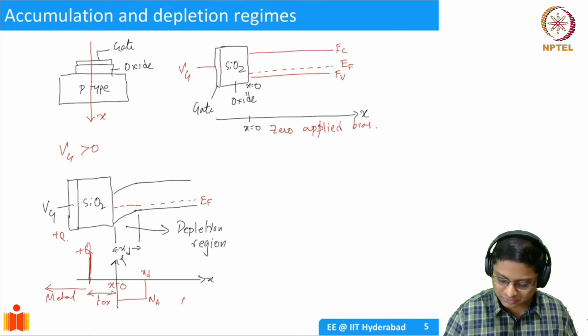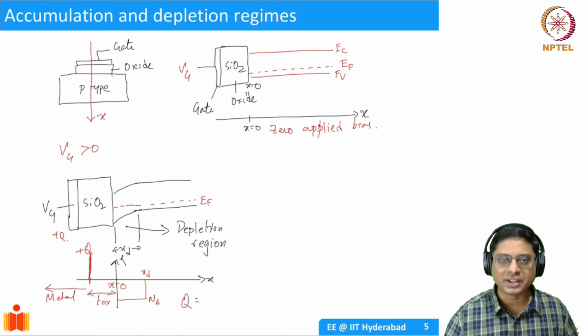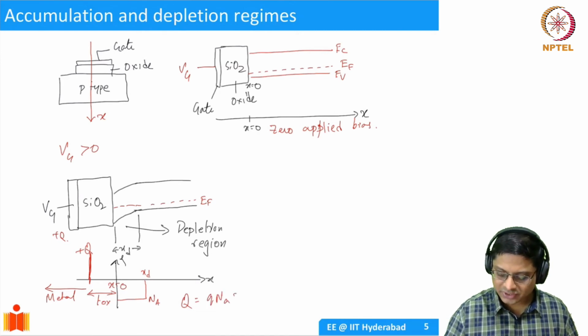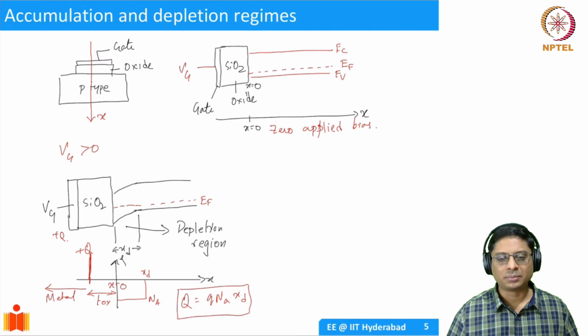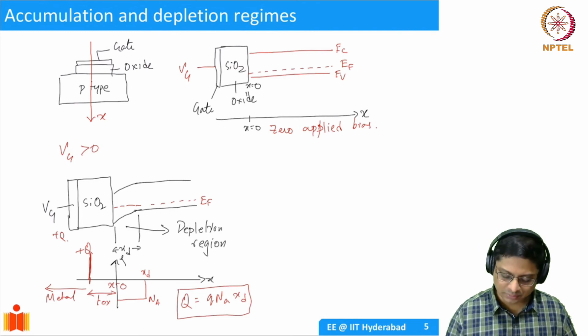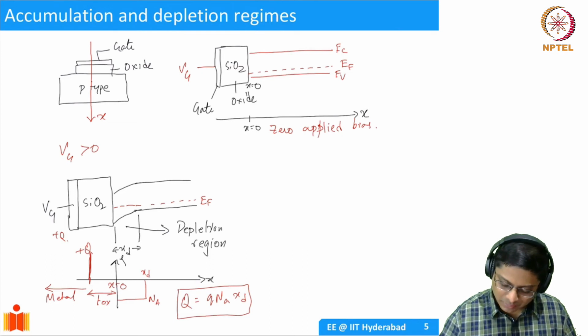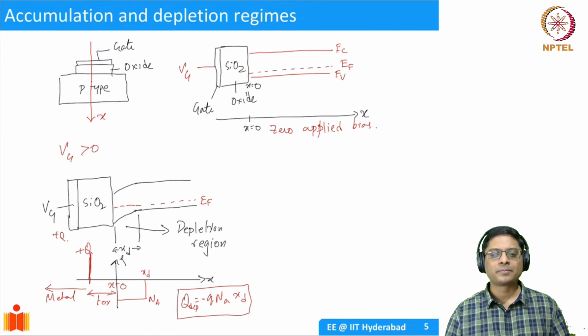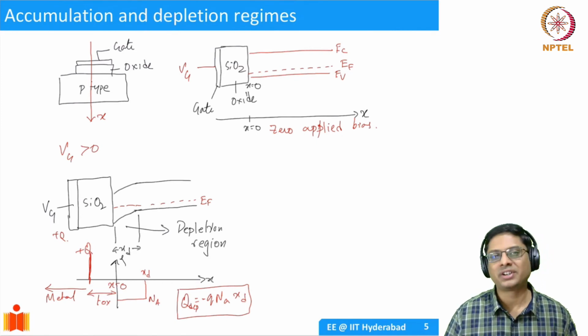So Q positive, or Q in magnitude, is going to be equal to Q Na times XD, the total amount of depletion charge. Well, depletion charge is negative, so on the positive side you have this. If you want to write Q depletion, then you need to put a minus sign here. So this is my bands when I am in the depletion regime.